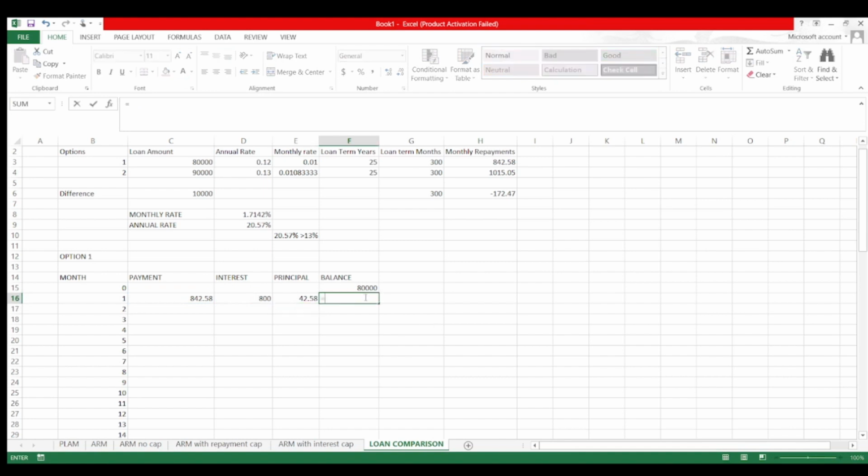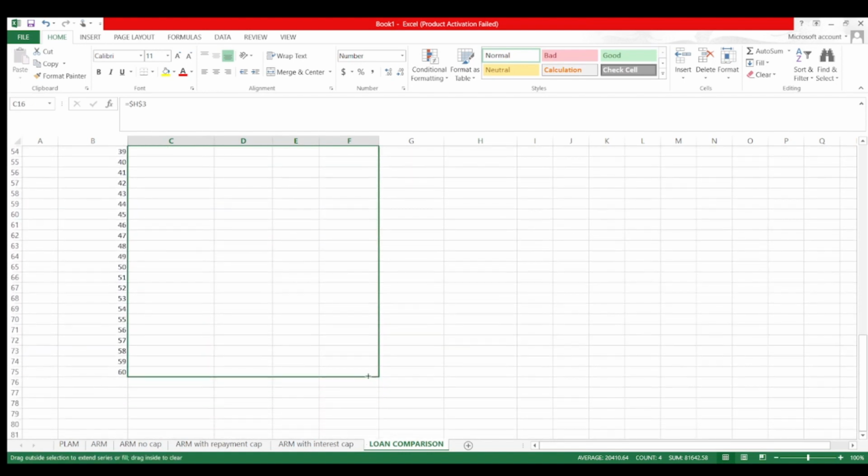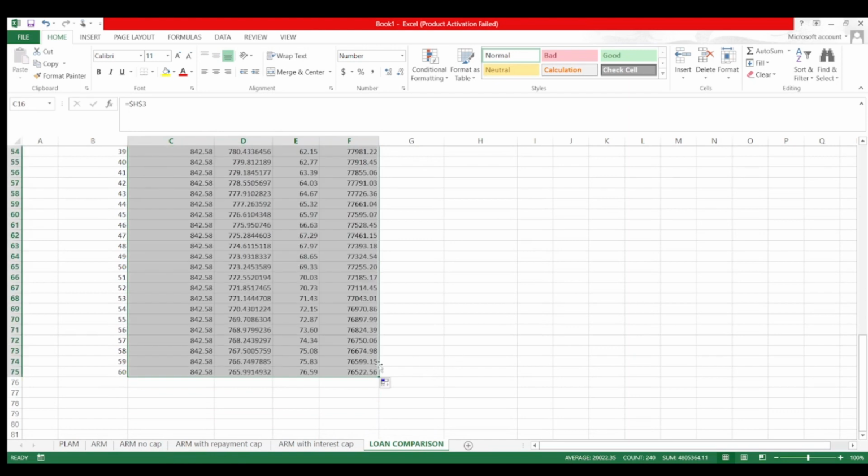And for the balance, we simply take the balance less the principal. So this is the loan balance at the end of this particular period in time.